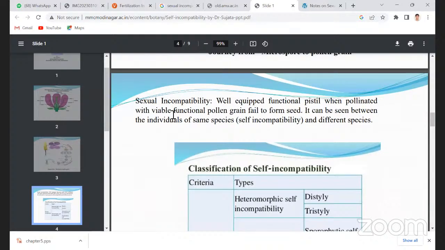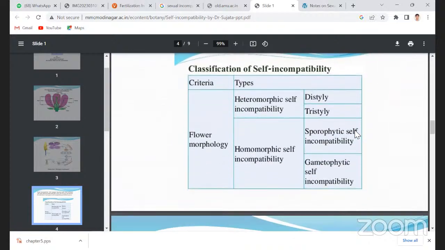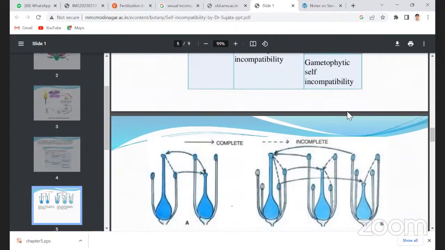It can be seen between individuals of the same species, which is self-incompatibility, and between different species. The classification of self-incompatibility has two types: heteromorphic self-incompatibility and homomorphic self-incompatibility. These are distyly, tristyly, sporophytic self-incompatibility, and gametophytic self-incompatibility.